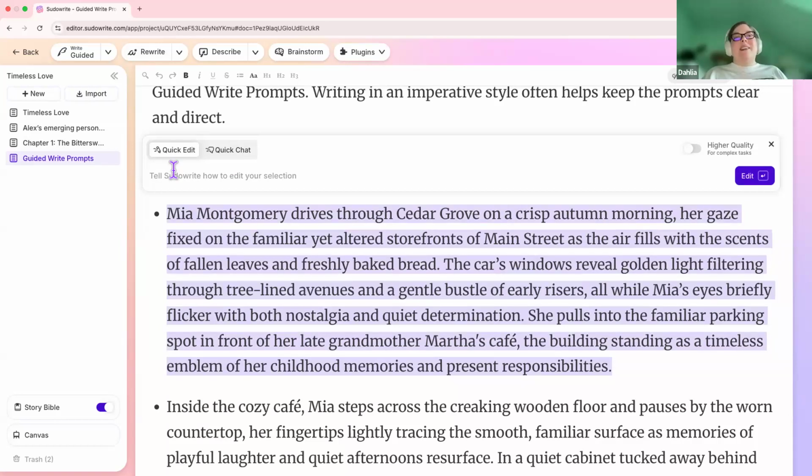You could also just go into the text and, for example, now I have to close this.